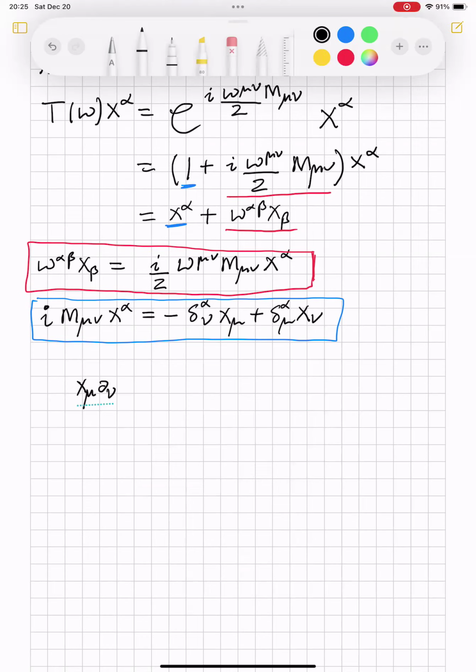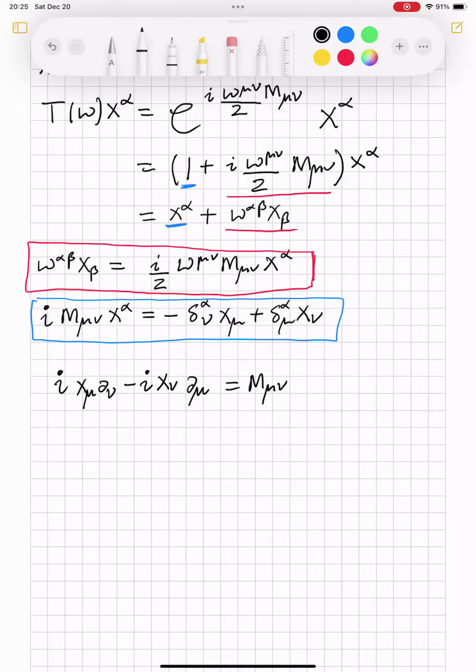Well, an i times an i will give us a minus sign. And then for the second term, we've got a plus. If we want to get rid of the i, we'll need a minus i. Minus i times i gives us a plus. We want an x nu, so let's put the x nu in. And then we want to get a delta alpha mu from the x alpha. So we need a d mu acting on the x alpha. So this will be our M mu nu.